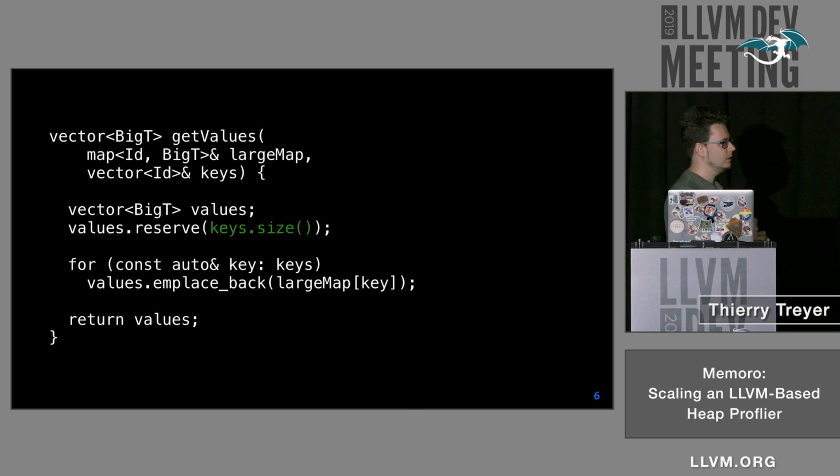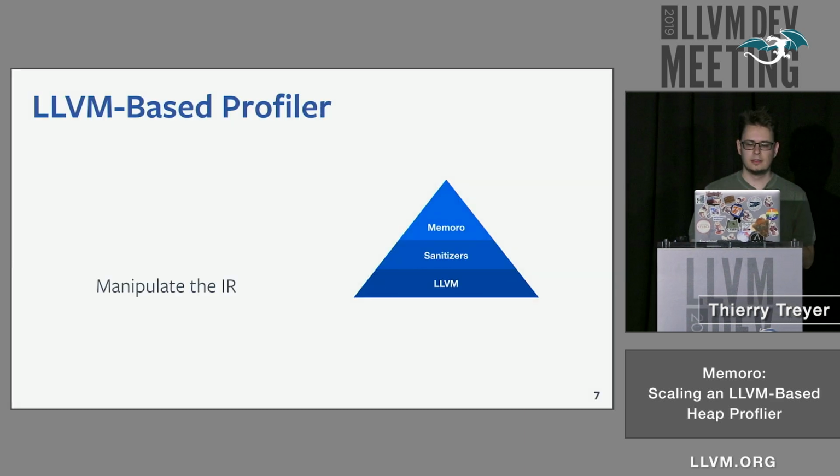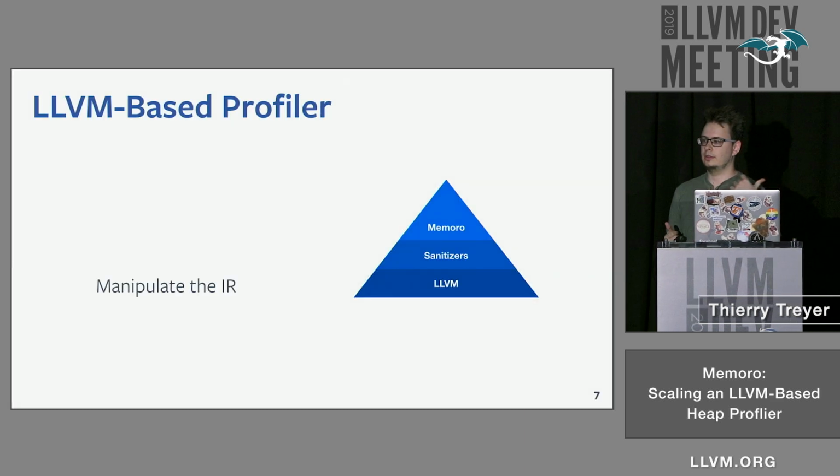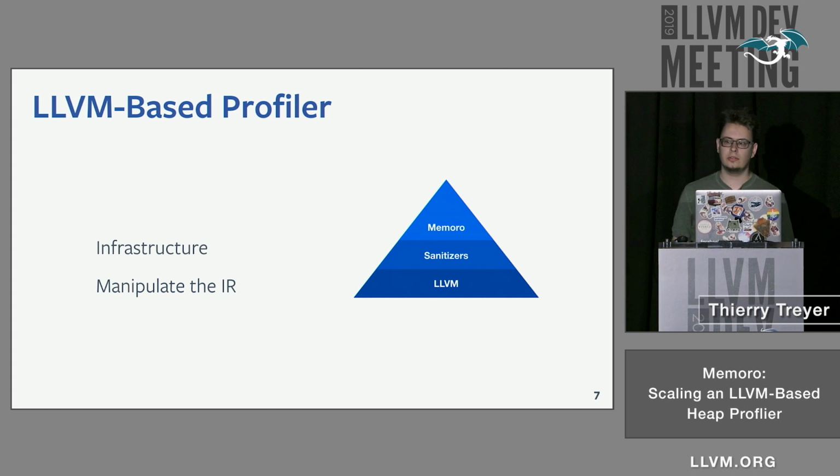Memoro is based on the LLVM infrastructure. LLVM allows us to manipulate the IR and to modify the behavior of your code without you having to change anything in your source code. And then we rely extensively on the sanitizer infrastructure.